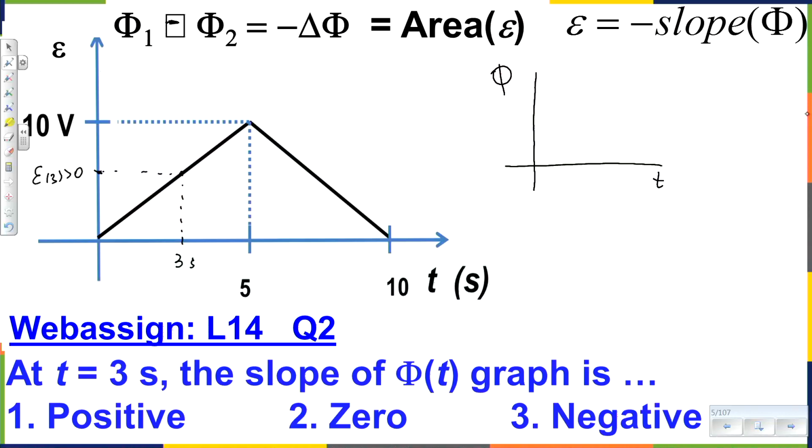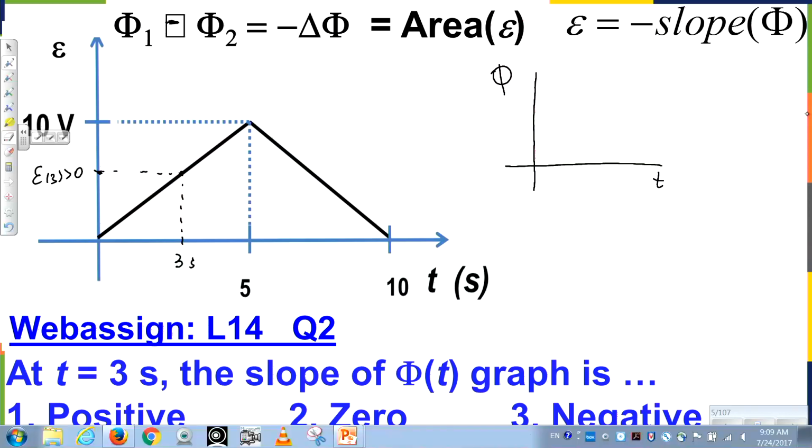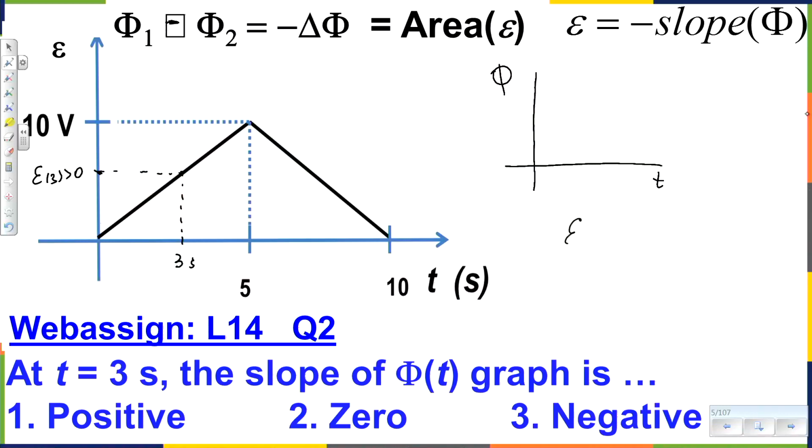EMF at t equals 3 is equal to negative slope, which means slope should be equal to negative EMF at 3.